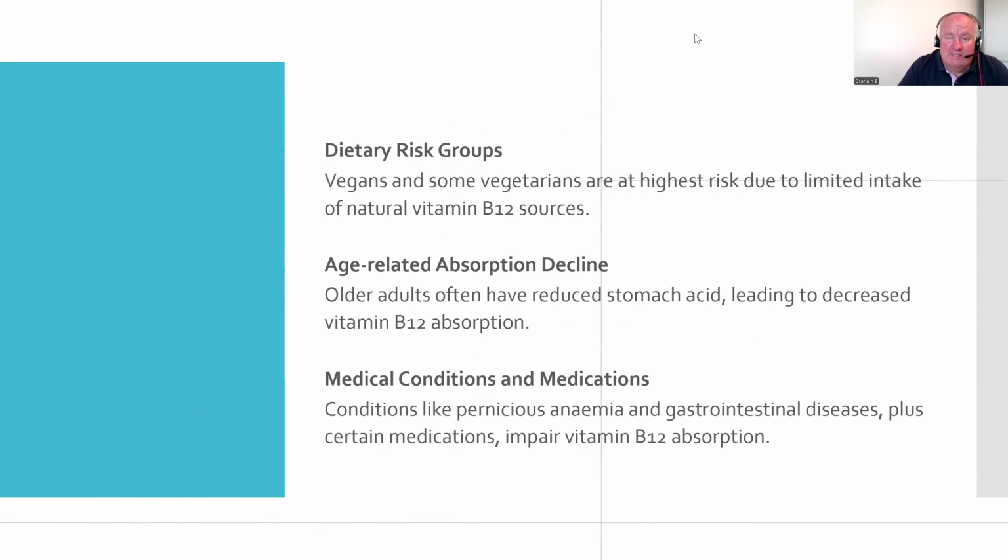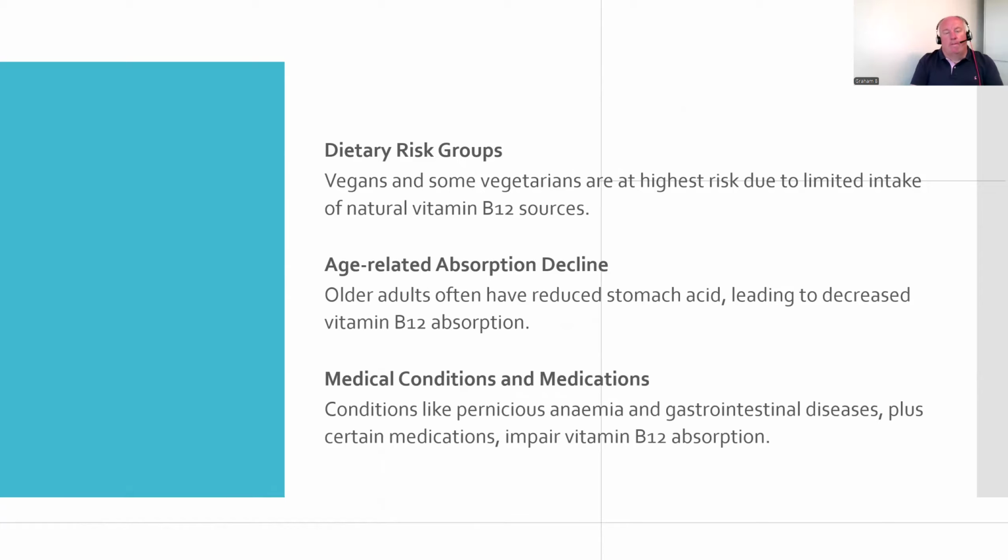People at risk of B12 deficiency are generally vegans and vegetarians. When you get to 35, according to the NHS data, you're officially old. So when we get to 35, we get an age-related absorption decline. Older adults over 35, but normally over 65, tend to have a naturally age-related decrease in B12 absorption.